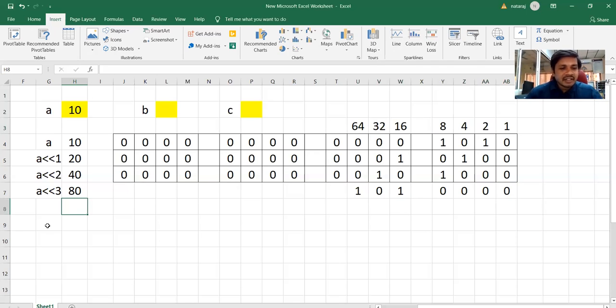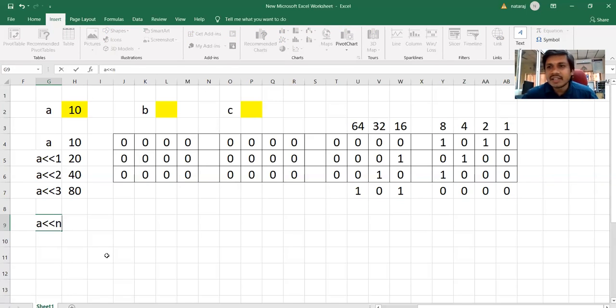Fine. In general, A left shift n, provided n is less than 16, is how much? Yes, A into 2 power n. 2 to the power of n. It's not XOR, this is 2 to the power of n. It's like a formula.